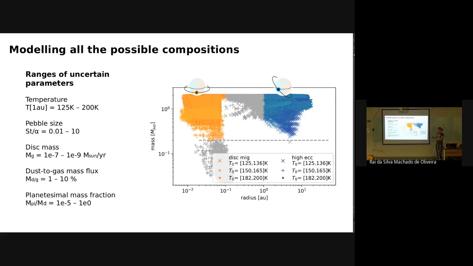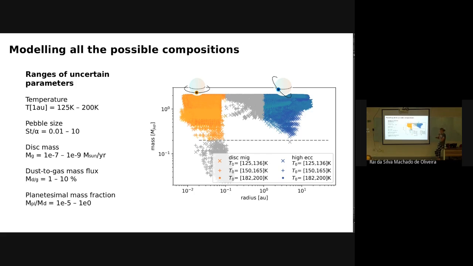There's a range of disk masses or disk mass accretion that could be realistic for a disk. The dust to gas ratio is also not a very well-known parameter. And then, of course, the planetesimal fraction that we already played with, we also don't really know how many planetesimals there are in an extrasolar system, because there's not really a good way to measure them at all.